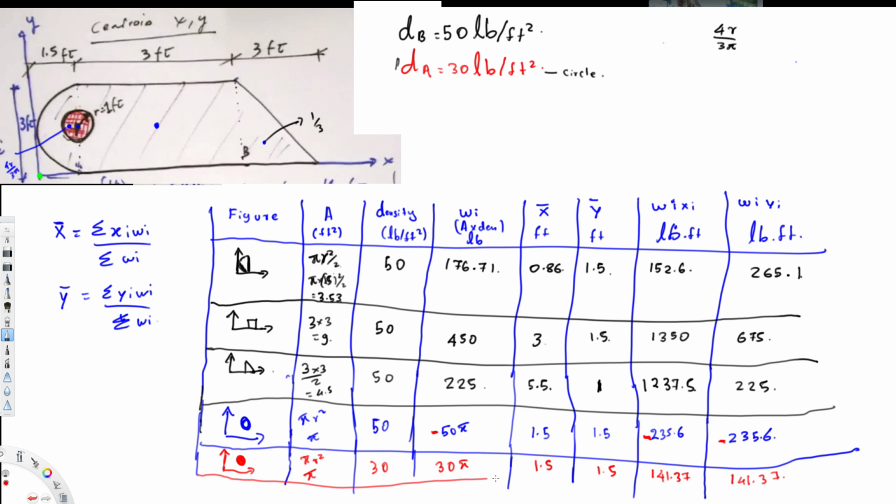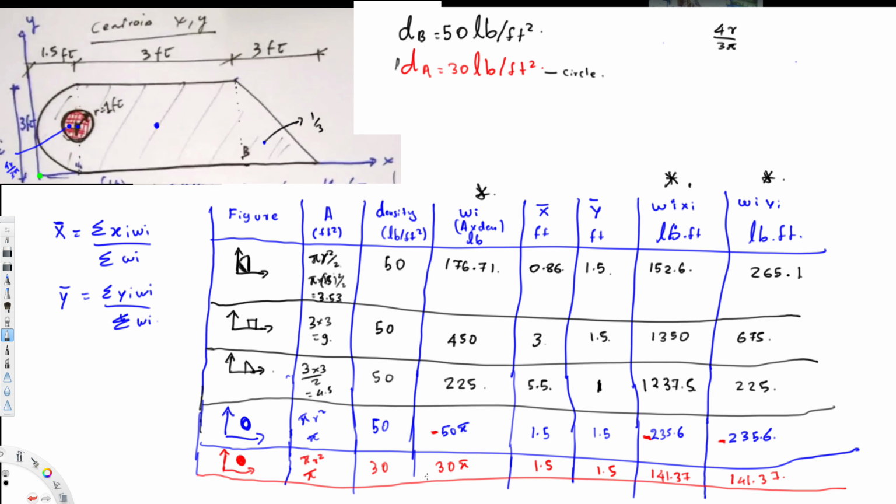So let's calculate all of these things. Our purpose is to find the x bar and y bar, that's what is going to give the centroid. So we need three things: this column, xi wi, this column, yi wi, and this column, sigma wi.